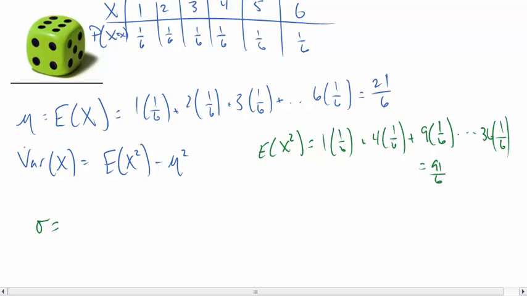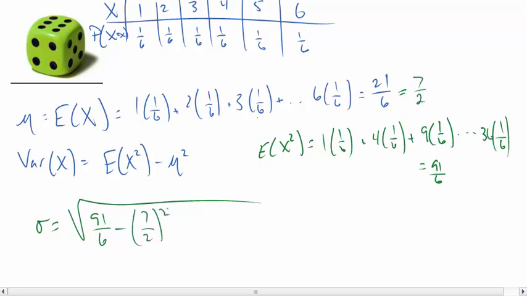So our standard deviation is going to be the square root of 91/6 minus the mean squared. And if we reduce the mean to help us with the calculation, we see that it's 7/2. So 7/2 quantity squared, we end up with the square root of 35/12, which is approximately 1.71.